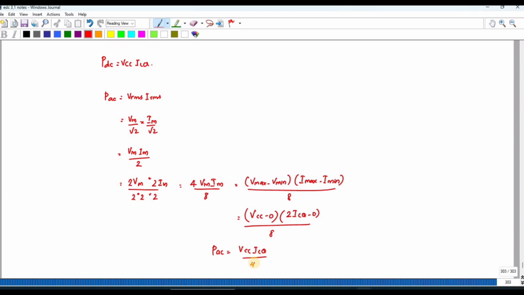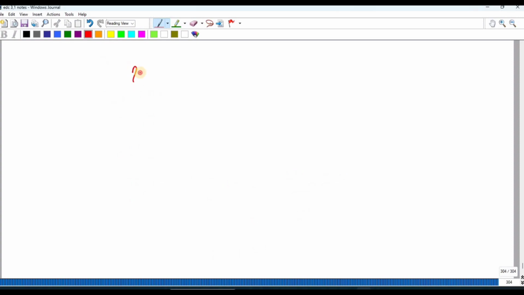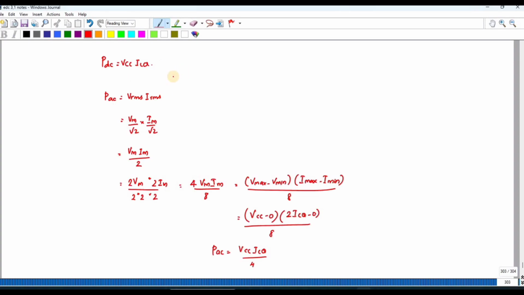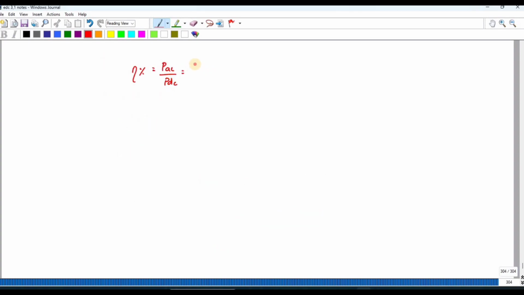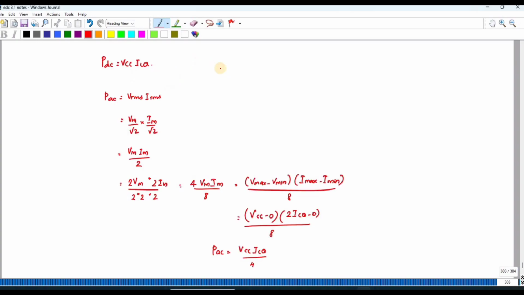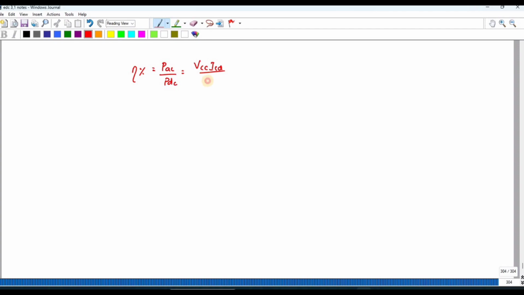We know the efficiency formula is PAC divided by PDC. So I substitute this value. PAC is VCC ICQ divided by 4, divided by VCC into ICQ. So this is nothing but 1 divided by 4 into 100, which is 25%.